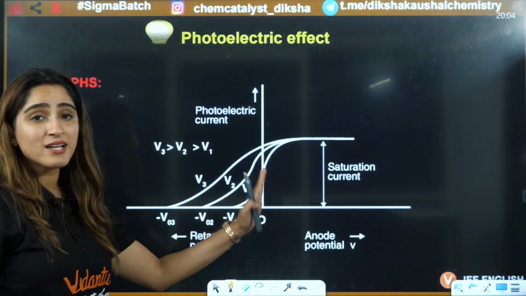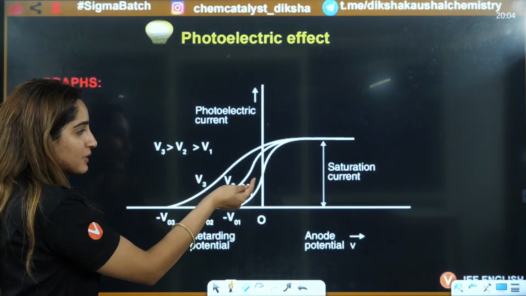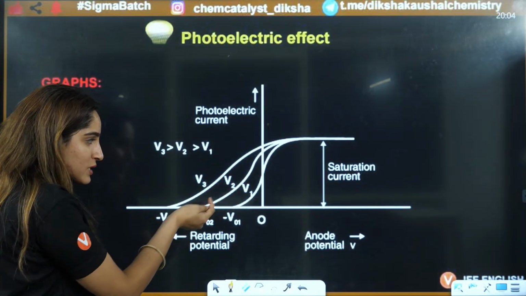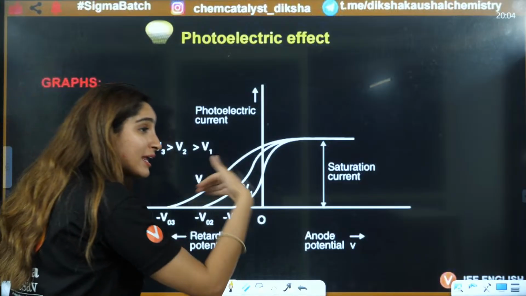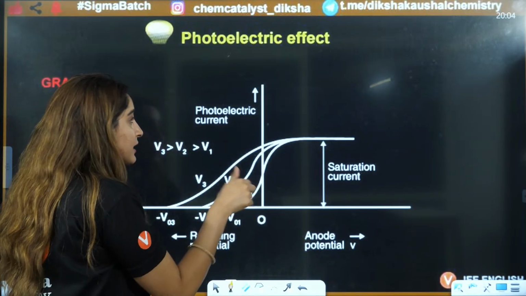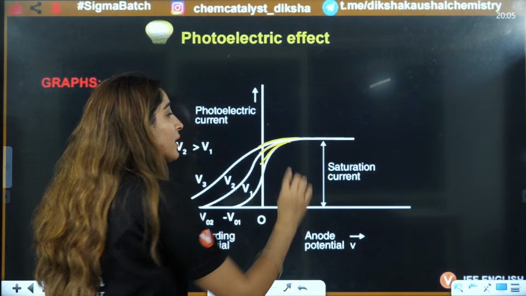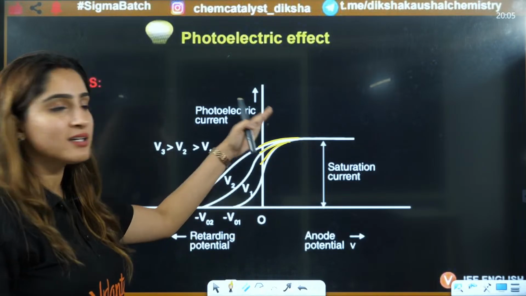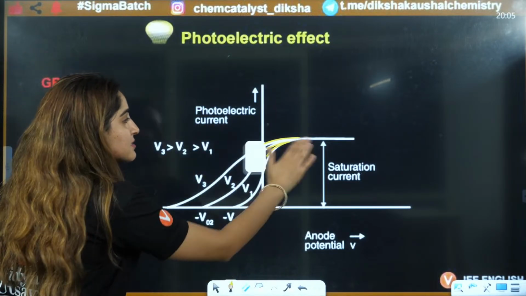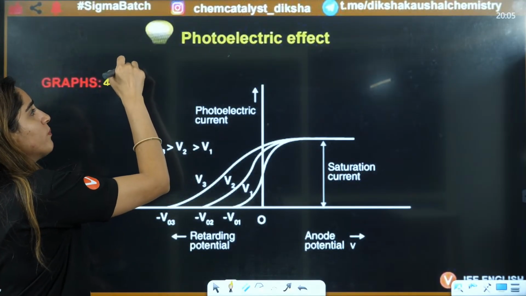But when you change the potential here, what will happen? The photoelectric current will start decreasing, right? And when you increase the potential, then what will happen? The photoelectric current will increase, but there will be a saturation point. More than that, the current cannot increase. That's a very, very important point. And this one is very tricky also, right?